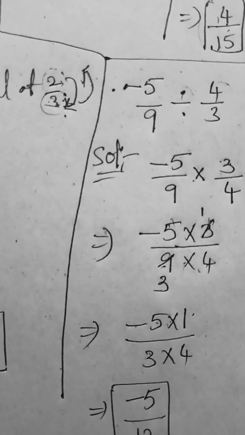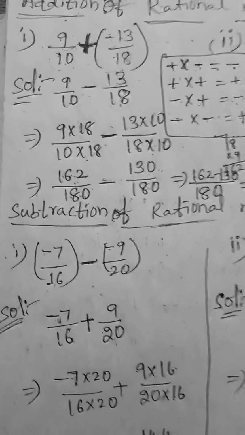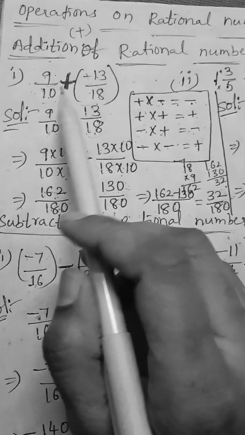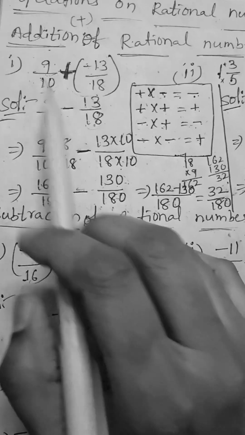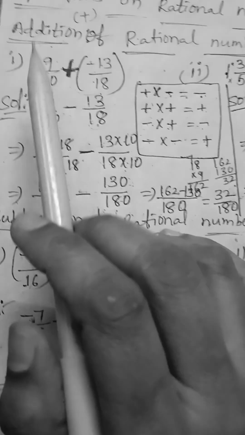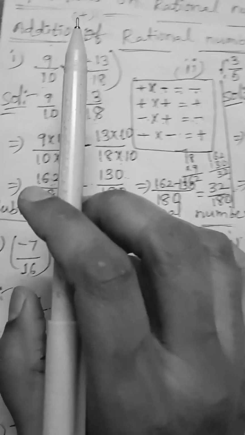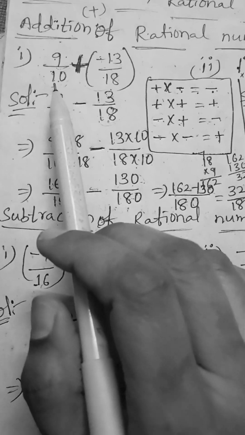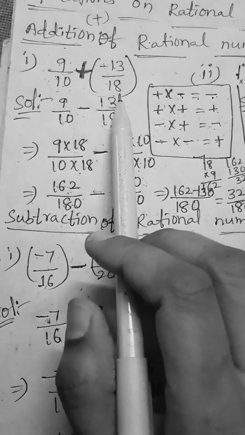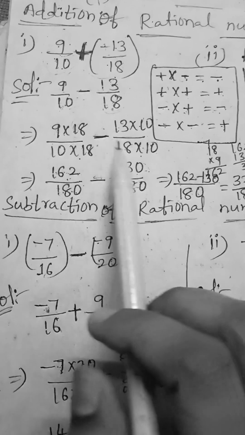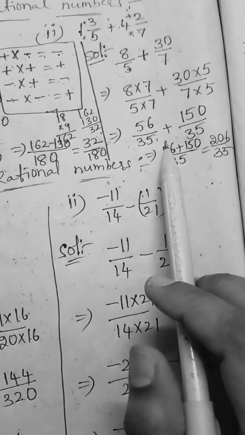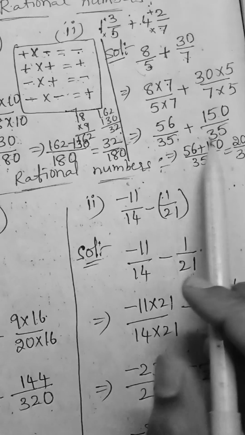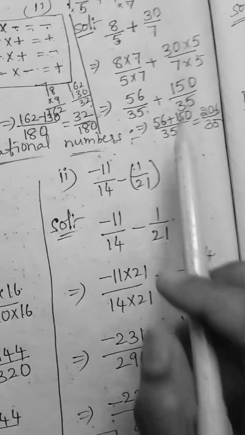You have to remember orally: for addition, while you are doing addition, you have to check once whether they are like fractions or unlike fractions. If they are like fractions, we do the addition easily on the numerators, but if they are unlike fractions, we have to equate the denominators by doing LCM or cross multiplication. After converting to like fractions, we do the addition on the numerators.